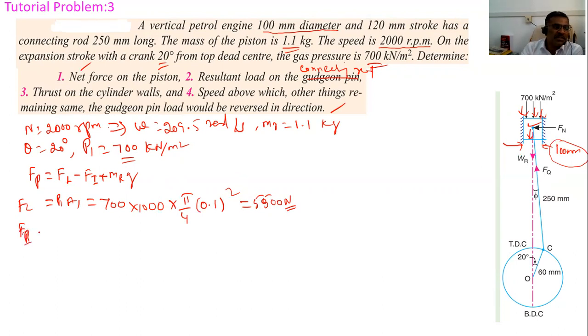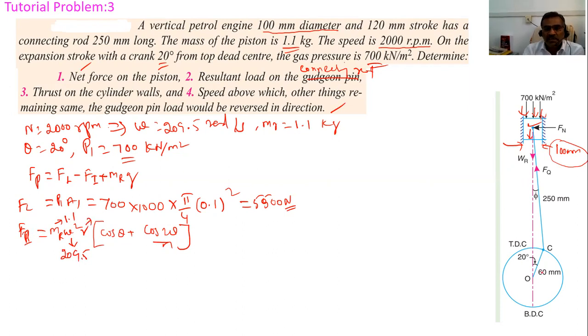FI also you calculate. What is the equation? The same equation: Mr omega square R into cos theta plus cos 2 theta by n. Mass is equal to 1.1, omega is equal to 209.5. Then R is equal to how much?